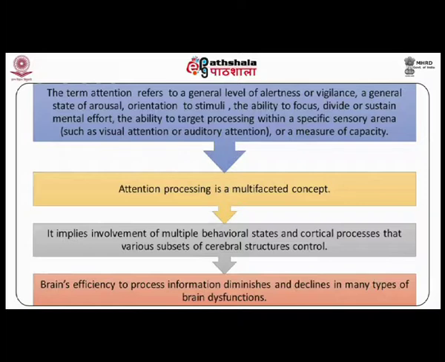Attention processing is a multifaceted concept. It implies involvement of multiple behavioral states and cortical processes that various subsets of cerebral structures control.